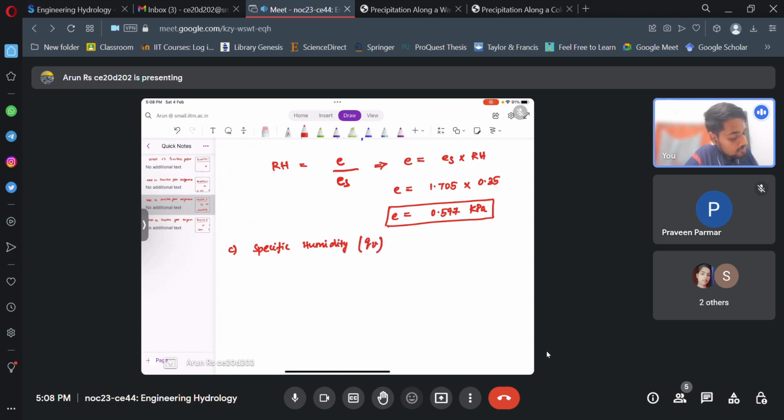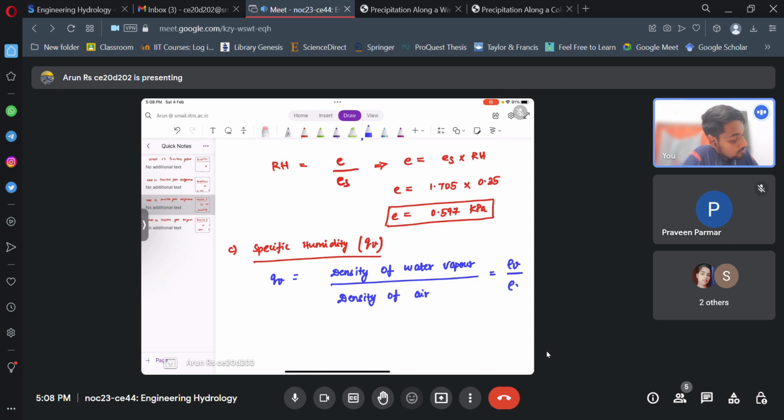It is represented by Q suffix V. So the actual definition of specific humidity is Qv is equal to the ratio of density of water vapor to the density of moisture, which is represented by rho v and this is represented by rho u.